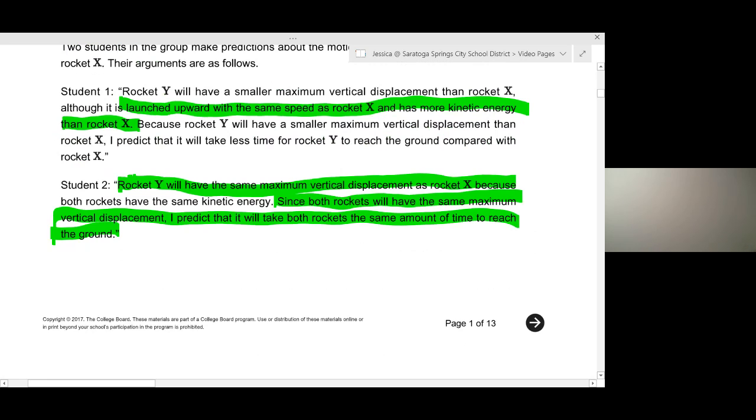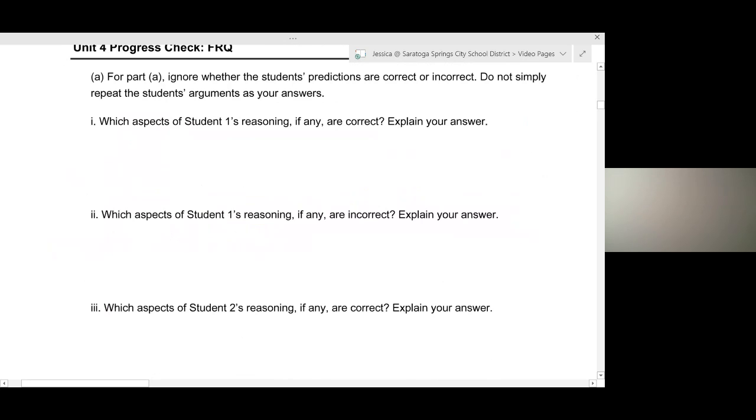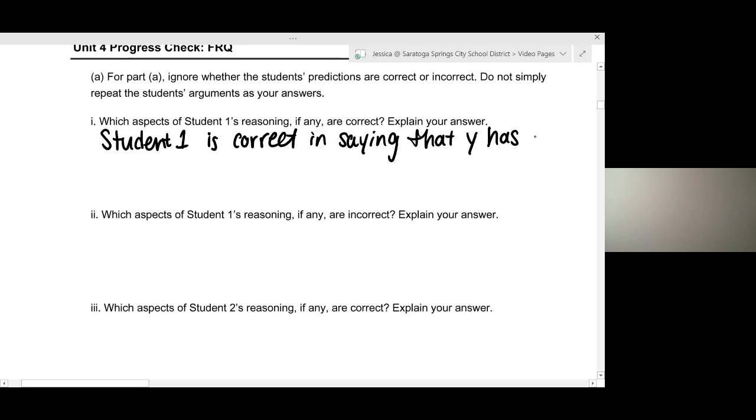So student 1 is correct that Y has more kinetic energy. So student 1 is correct in saying that Y has more kinetic energy. So that's the part that's correct.